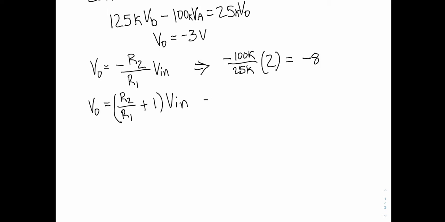And then for our non-inverting setup, we're going to have the same thing. So 100K divided by 25K is 4. So we're going to have 4 plus 1 times Vin, and our Vin this time will just be 1 volt, and we'll have equals 5 times 1 is going to be 5, and negative 8 plus 5 is going to be negative 3.